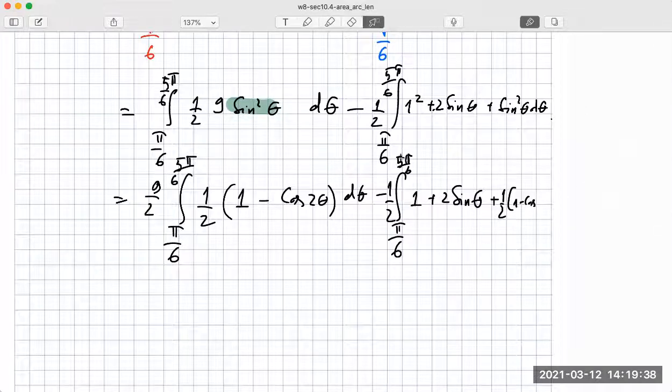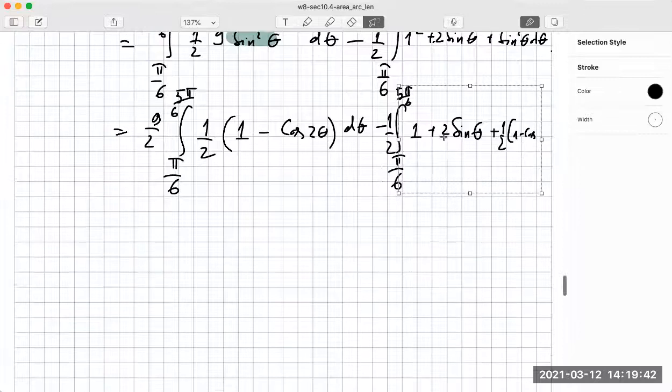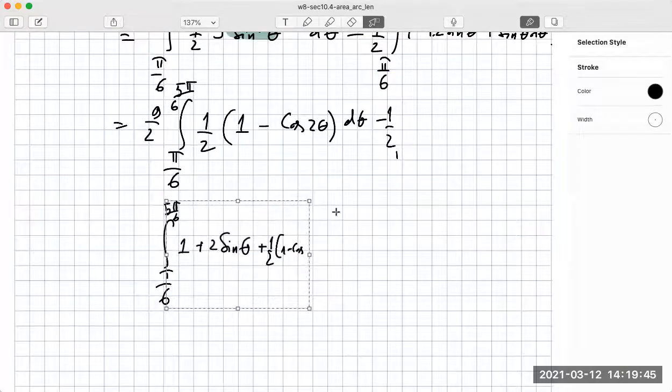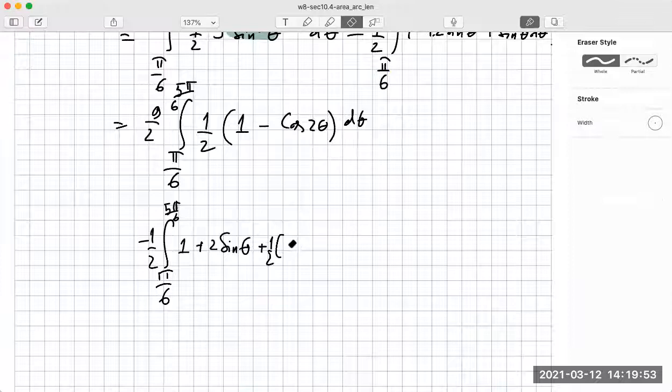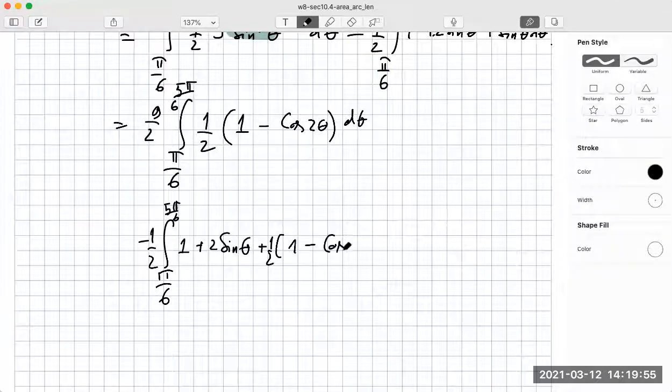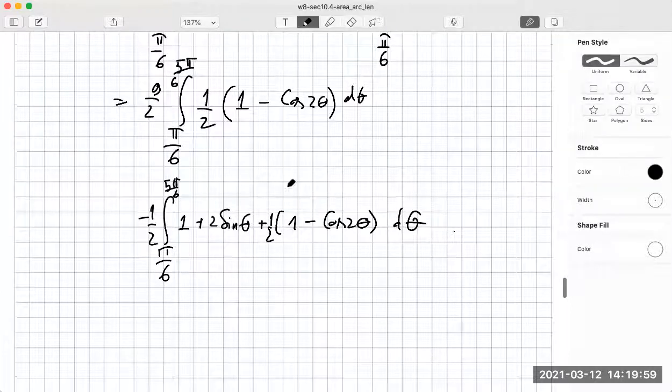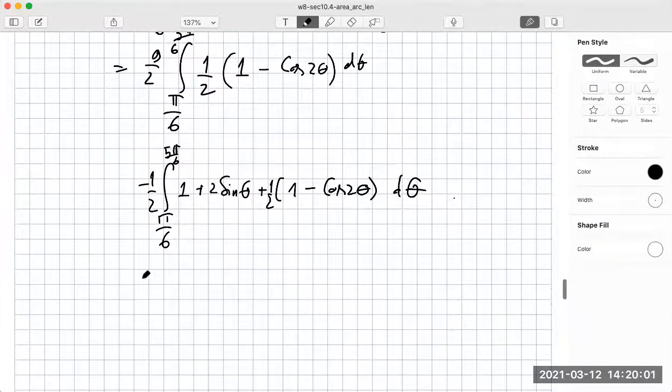So let us write it down. And it becomes an easy integral, right?